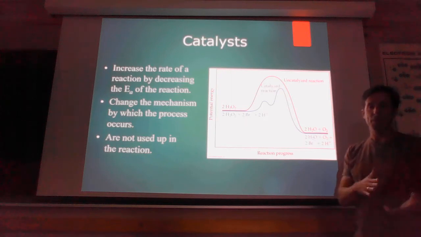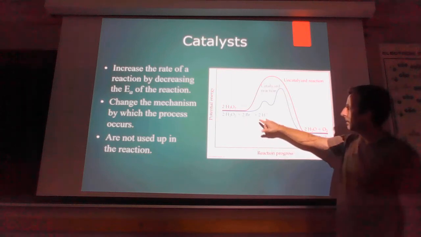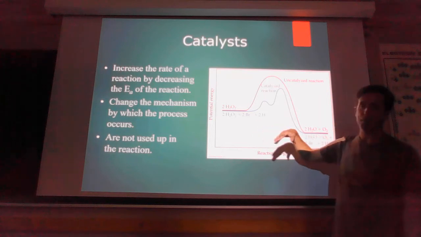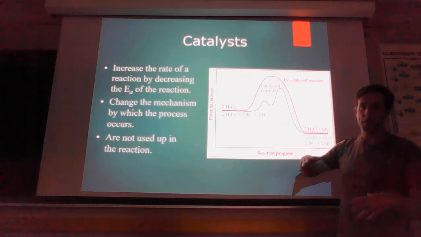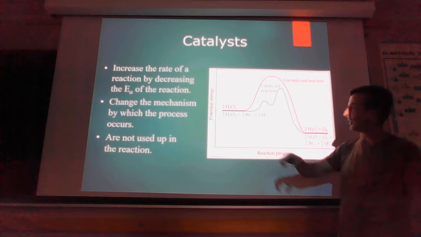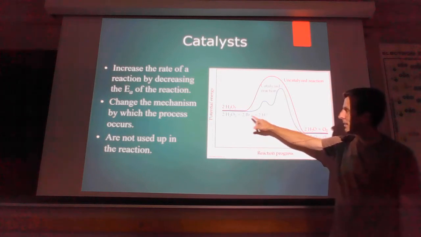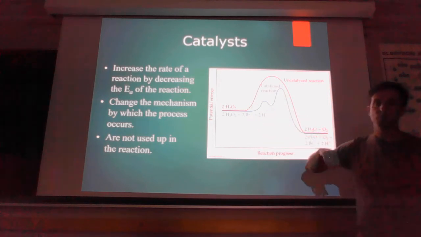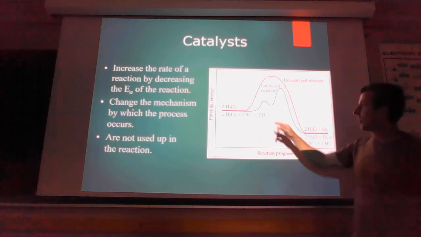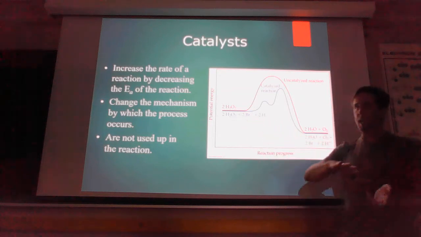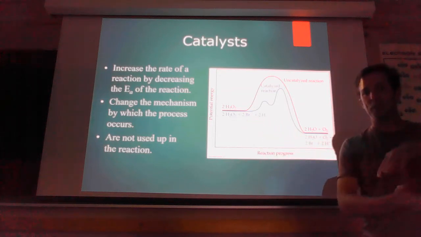So an example of this, if I add hydrobromic acid, HBr, again in solution, they're going to split, so that's why it says H plus and Br minus. But if I add HBr, that's going to start a reaction to change how the hydrogen peroxide decomposes.